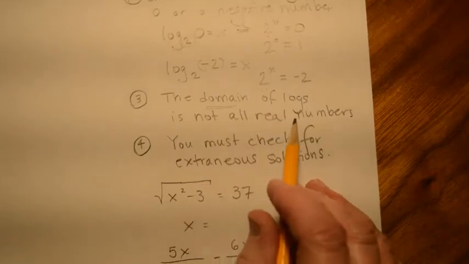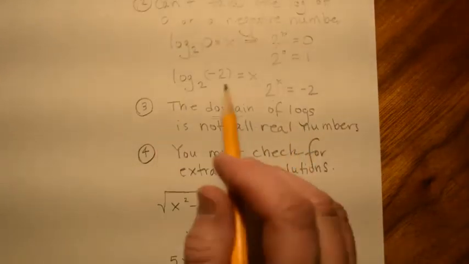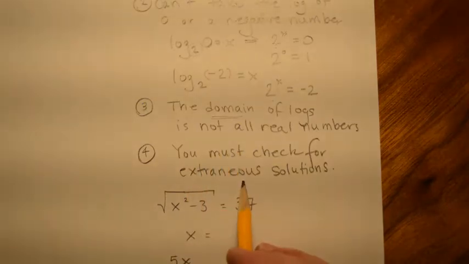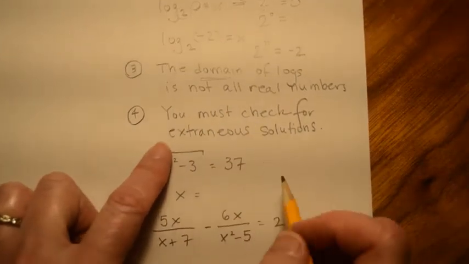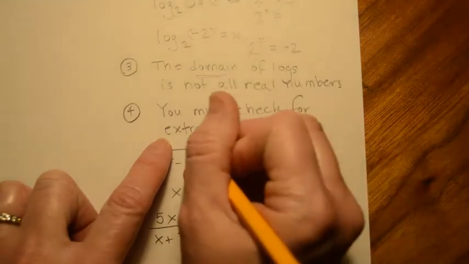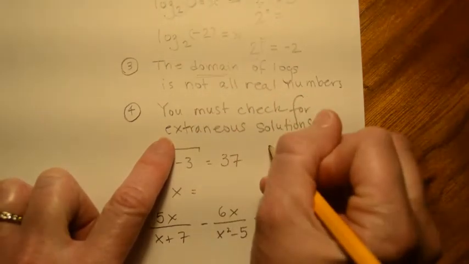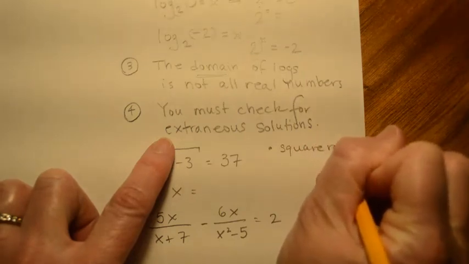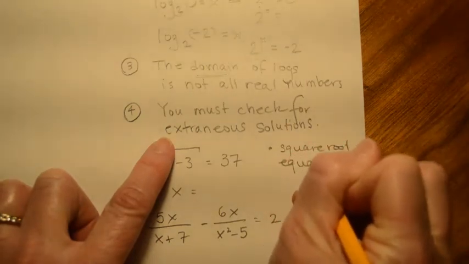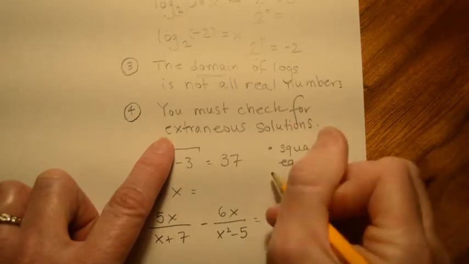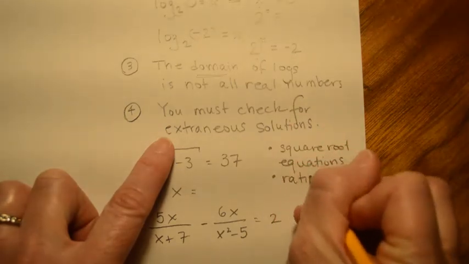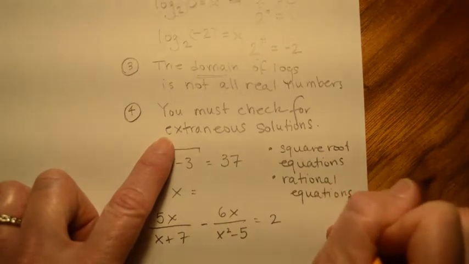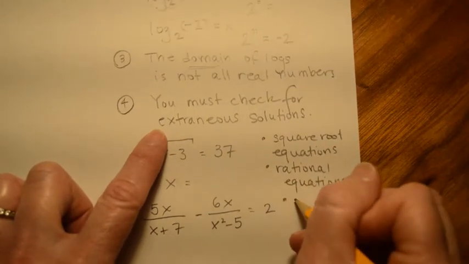Because the domain of logs is not all real numbers, I can't take the log of 0 or negative numbers. That puts it in this category. So now we have to add to our list of types of equations where you have to check for extraneous solutions: any square roots, any rational equations, and any log equations.